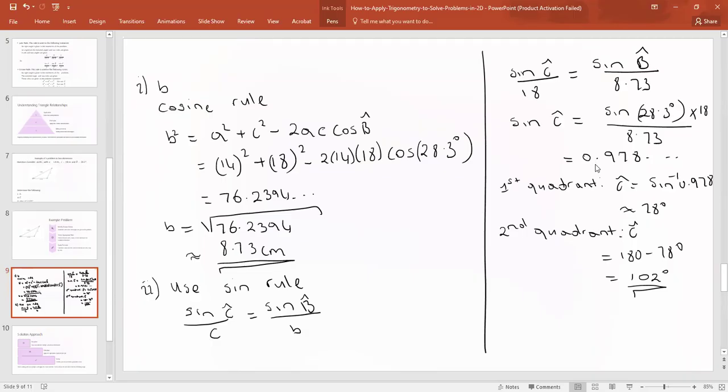Since C is greater than 90 degrees, the correct solution is the angle C equal to 102 degrees.